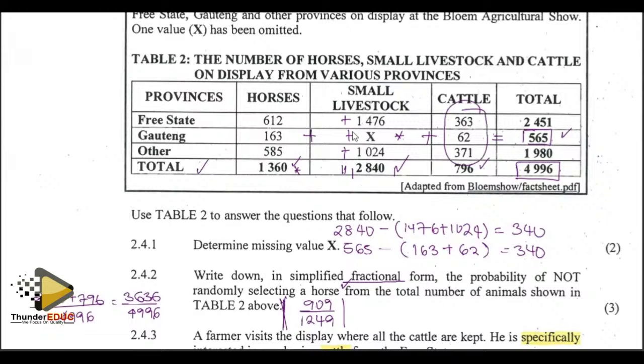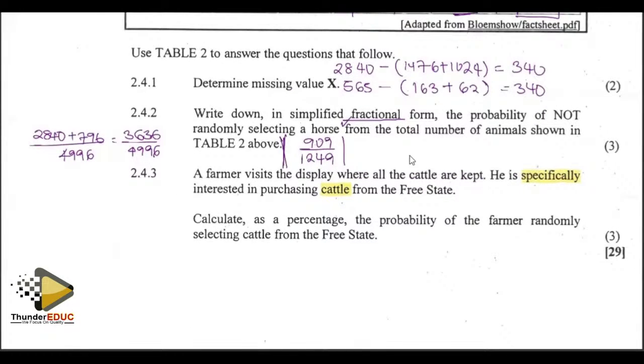But of this space, which ones are coming from Free State? So we shall say it's 363 over 796. They want it as a percentage, multiplied by 100. 363 divided by 696 times 100. And the answer became this.